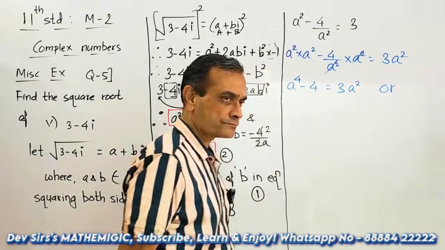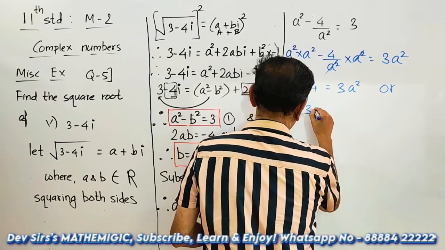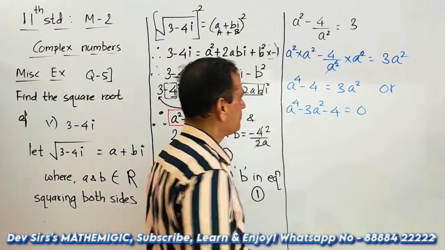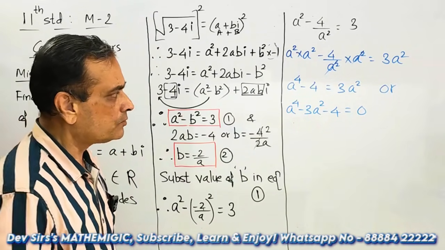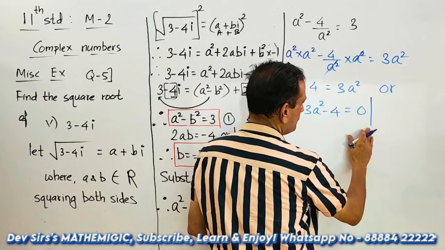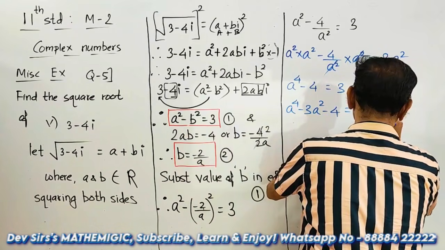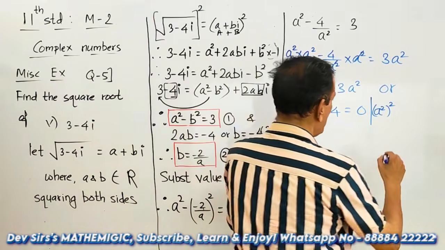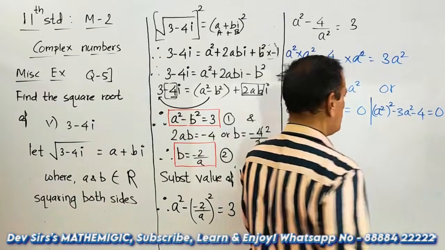Or take all terms on one side. Now this I am going to write as, a raised to 4 I am going to write as a squared raised to 2. 2 into 2 is 4, minus 3a squared minus 4 equal to 0.